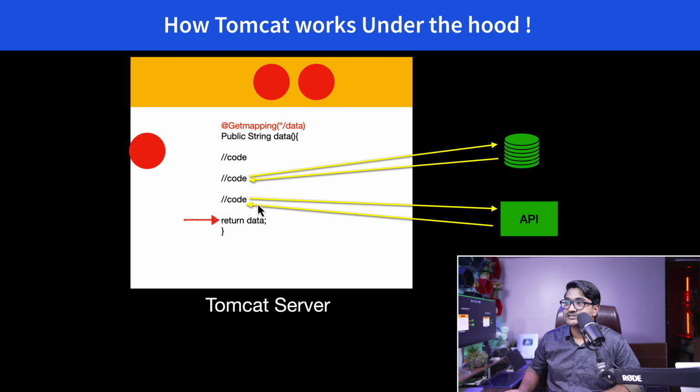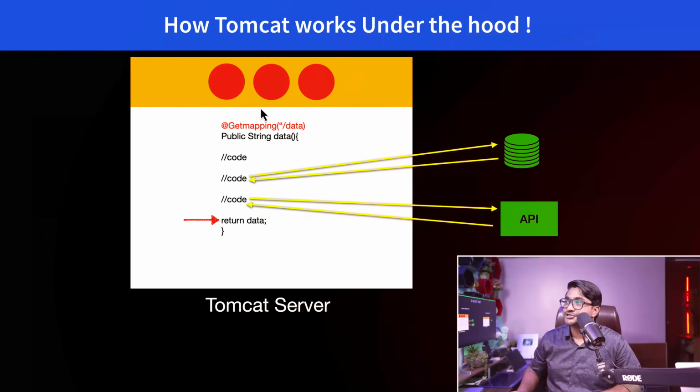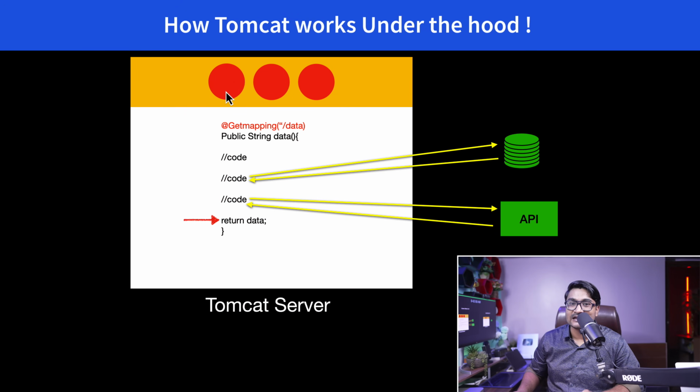And the thread which is handling that can now safely go back to the pool. Now this thread is readily available to handle another request. So this is what we call the thread per request model. For each incoming request, we assign a thread to process that particular request. So everything is smooth and happy.